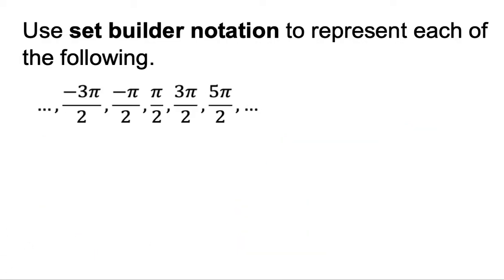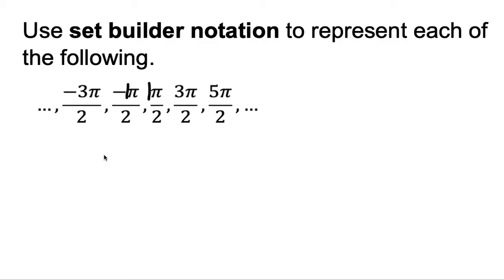Now, building off that, we have the following example. In this case, if we look carefully, we have a pi over 2 in each of these values. It's an infinite list. We have a -3, a -1, a 1, a 3, and a 5. So we can use interval notation or set builder notation. Interval notation wouldn't fit because of the gaps. This is a discrete list.